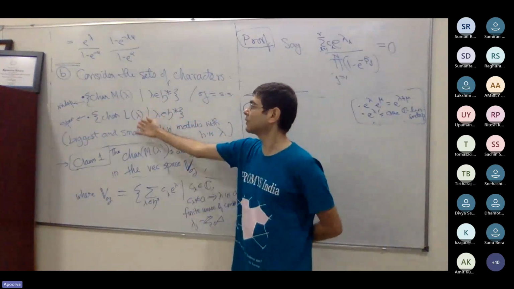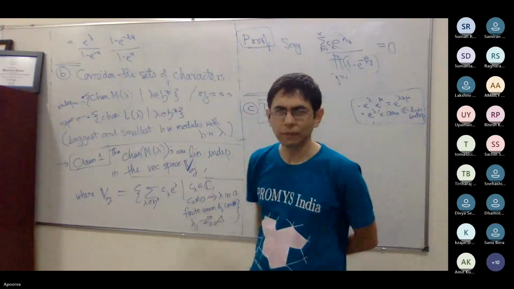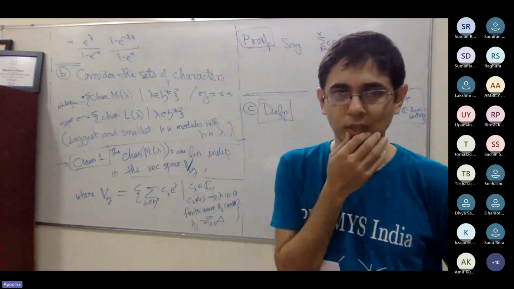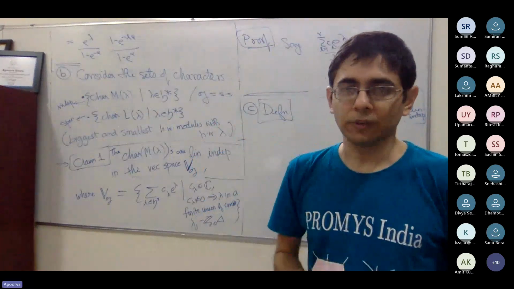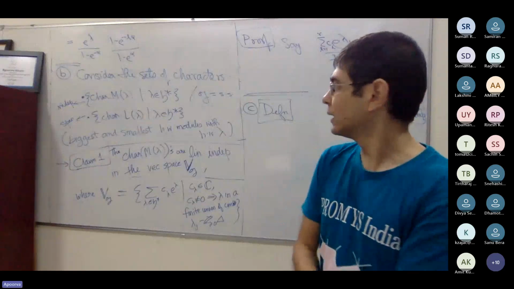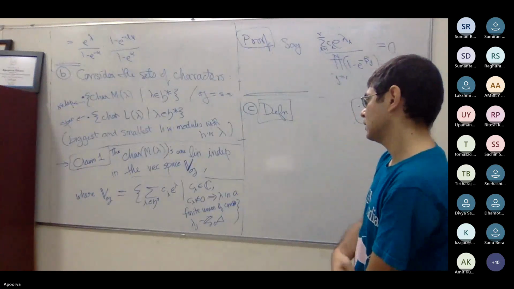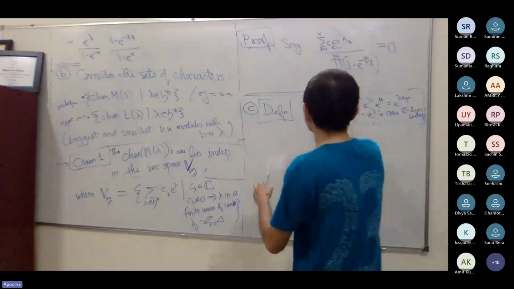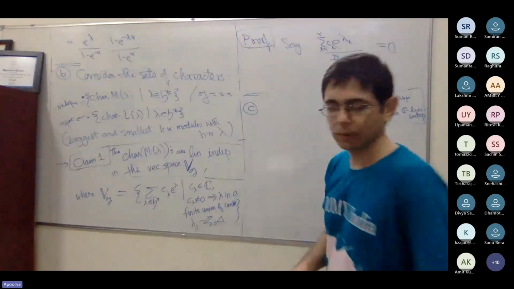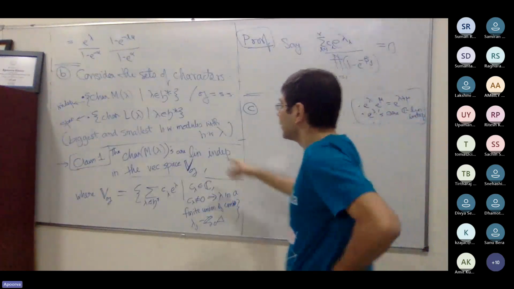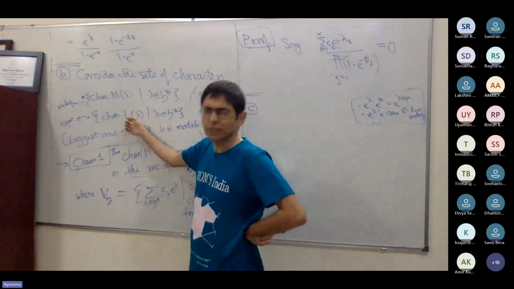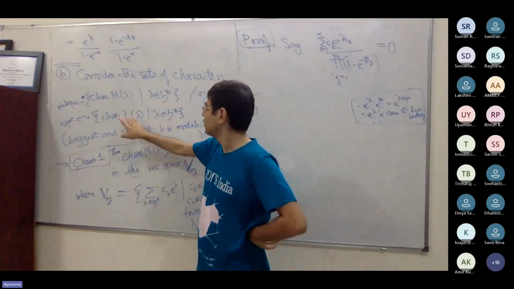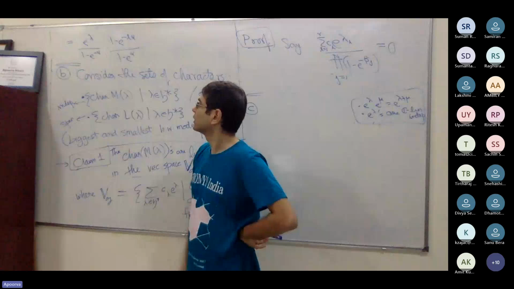What would the characters of L lambda span? If you take integer coefficients, okay, maybe I should write down the corollary. Before this, I'll write down the corollary and then part D will be the definition. So if you take integer coefficients, in fact positive integer coefficients, what do we get out of this?